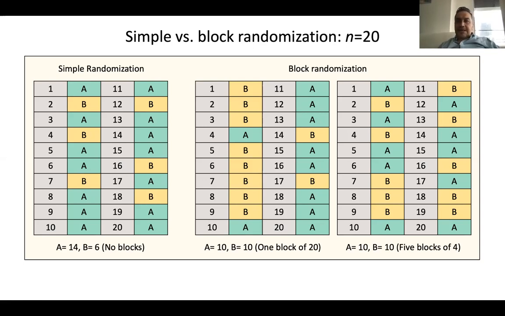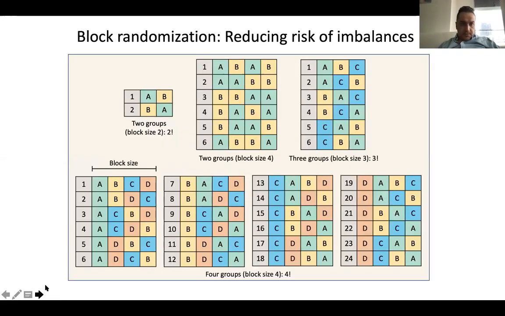So regarding the size of the block, as I said, the main advantage of block randomization is to reduce the risk of imbalance, right?